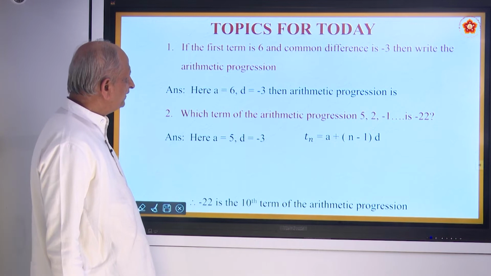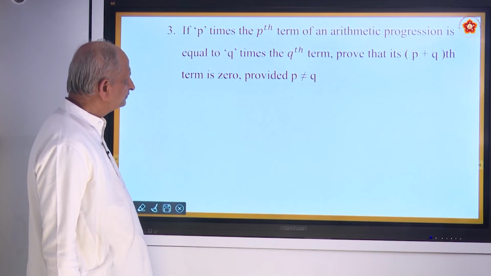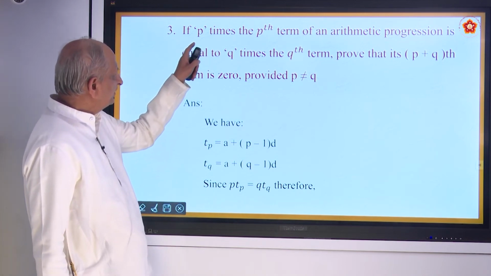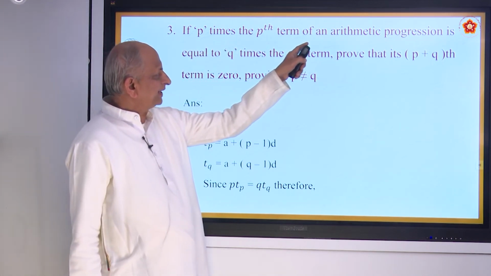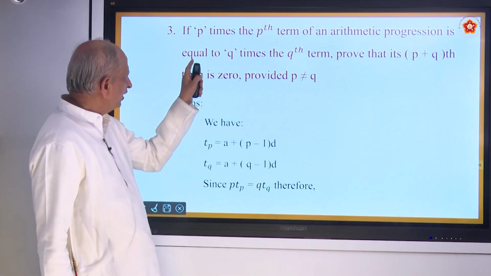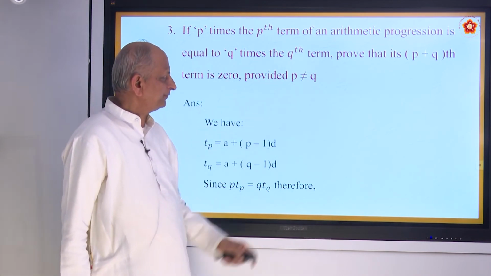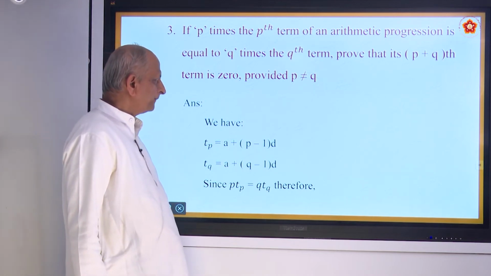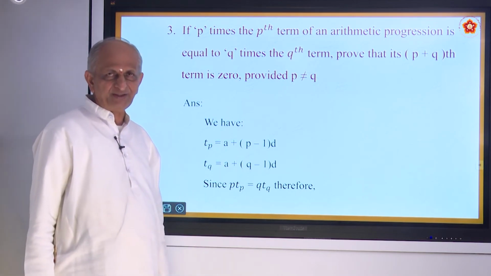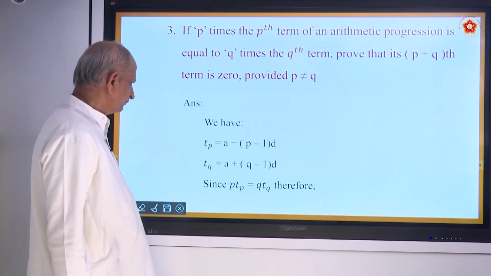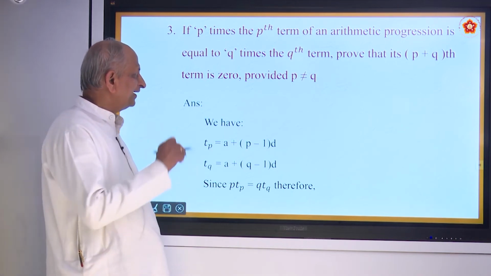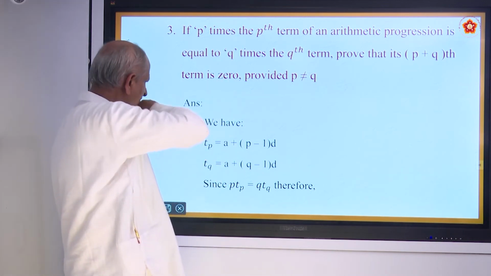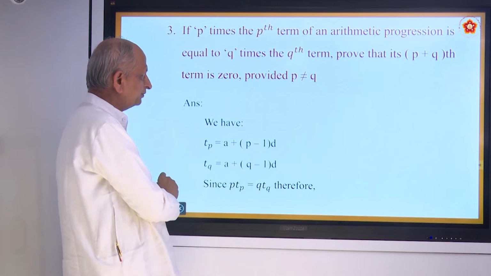If p times the pth term of an arithmetic progression is equal to q times the qth term, then prove that the p plus qth term is 0, provided p is not equal to q. So here these are general terms. So pth term, here Tp, you have to find out.